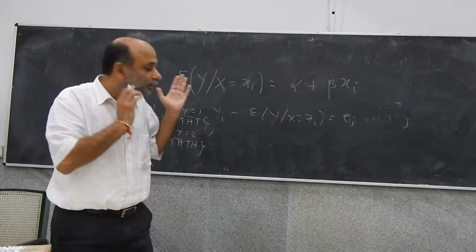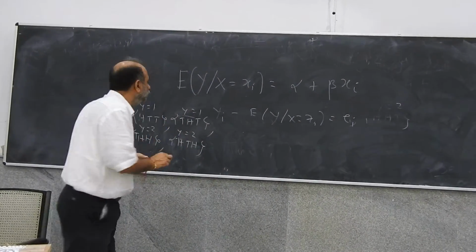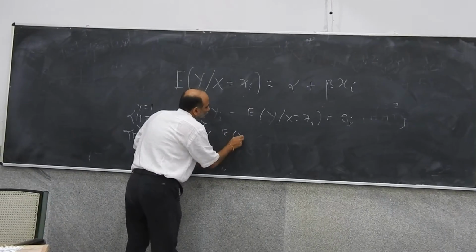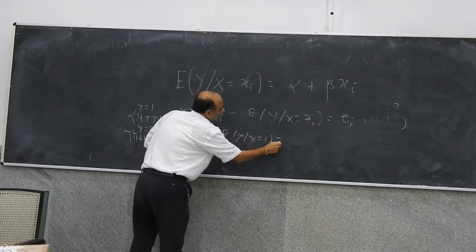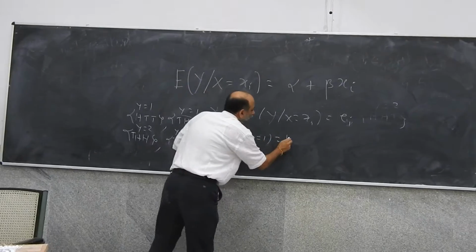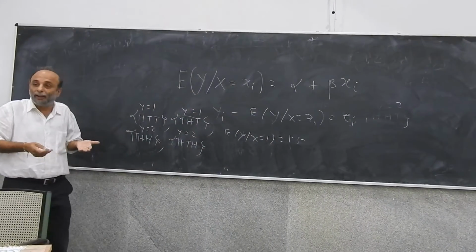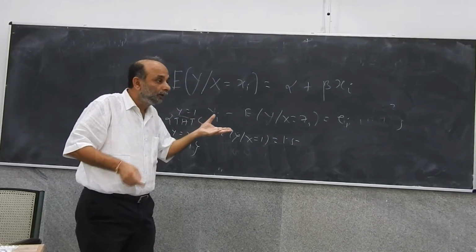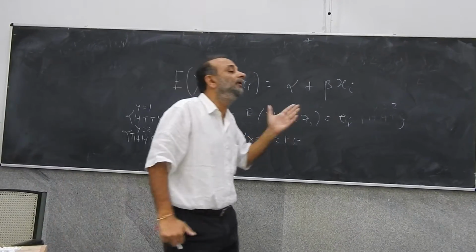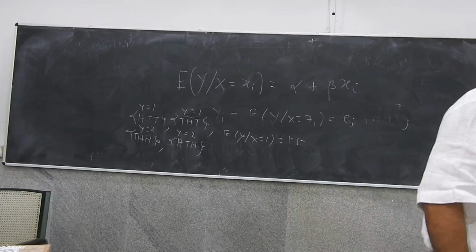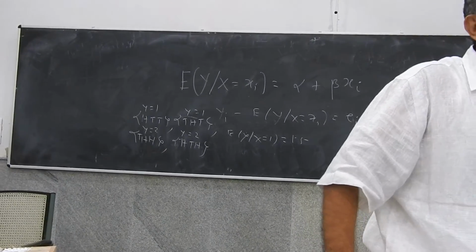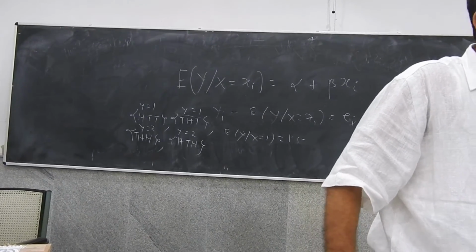Right? So the conditional mean of y given x equal to 1 is 1.5. But what are the various values that y can take? 1 or 2. So the individual values of y will differ from the conditional mean by plus 0.5 or minus 0.5, which cannot be predicted beforehand.